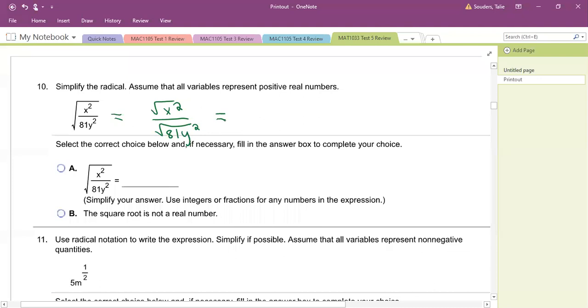X. So for the denominator, what do we get? 9y. Good.